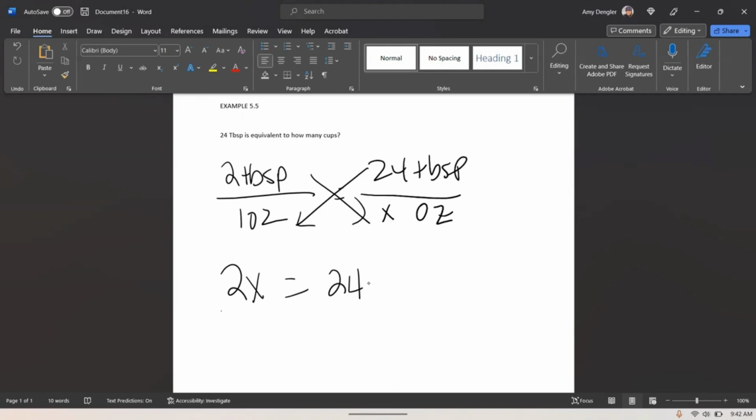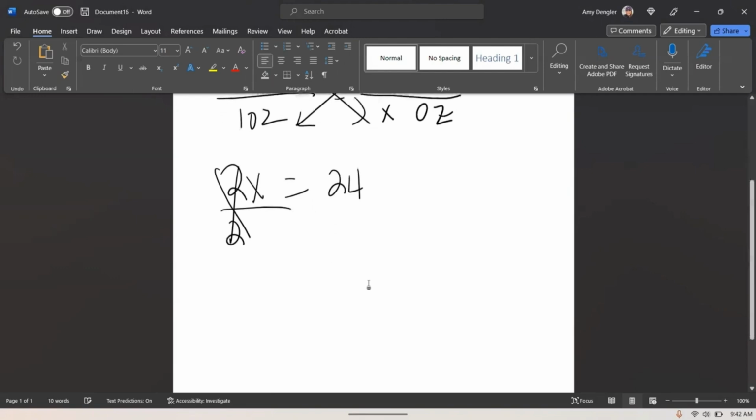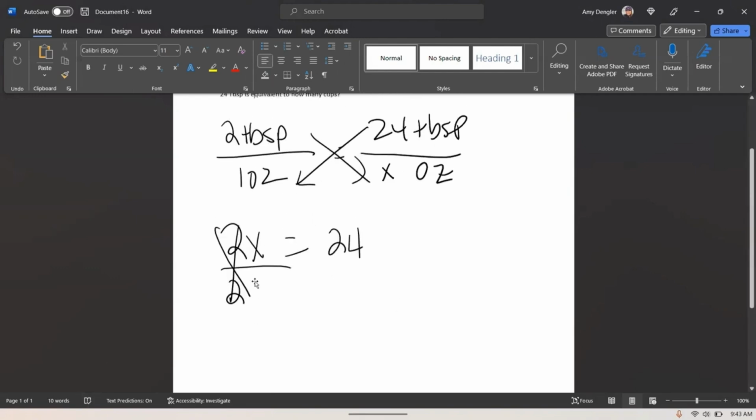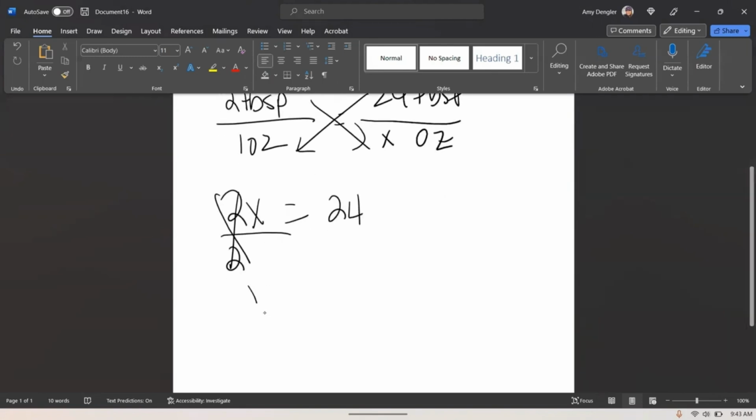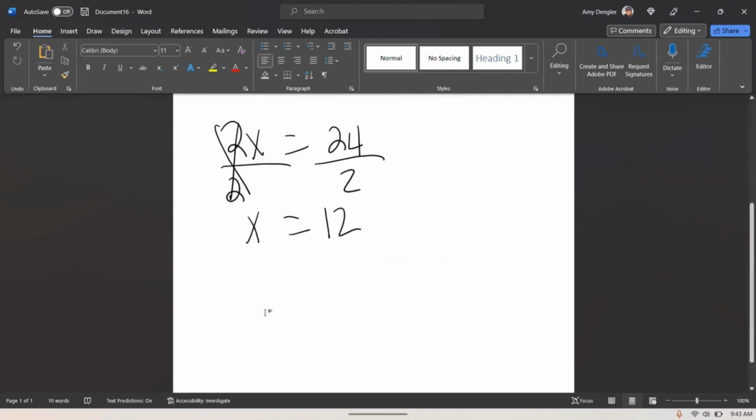We want to get rid of the 2 so x is alone on this side. That's what we're solving for. And then we also have to do the same thing to the other side. So 24 divided by 2 is 12. So it's 12 ounces.